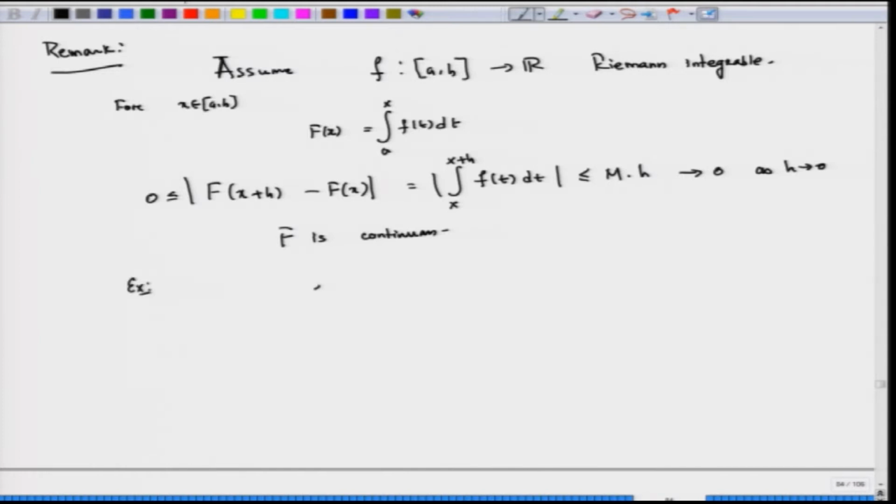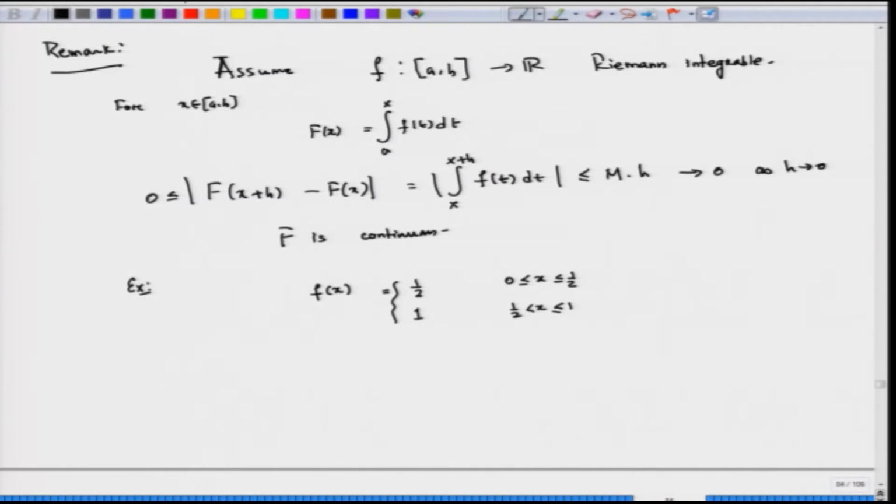Let us consider f of x equal to half when x is less than or equal to half, and equal to 1 when half is less than x is less than or equal to 1. So, certainly this is a discontinuous function, it is discontinuous at half, and it is Riemann integrable, that we had seen earlier.